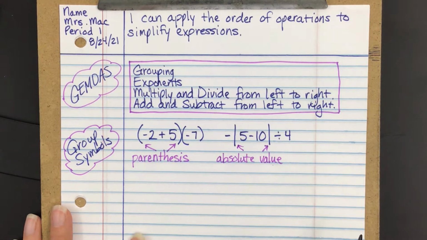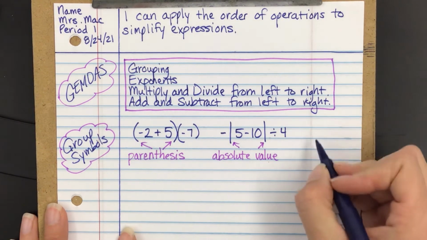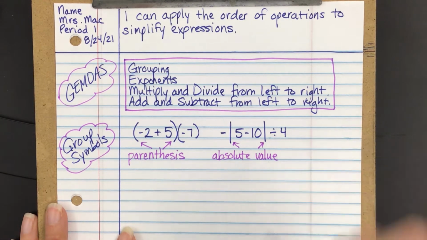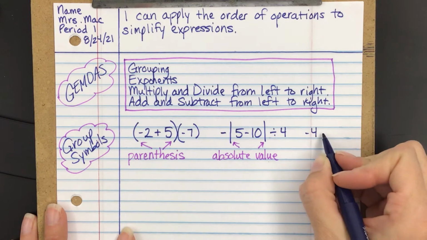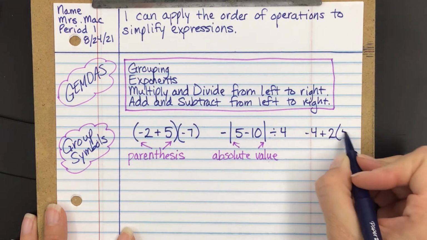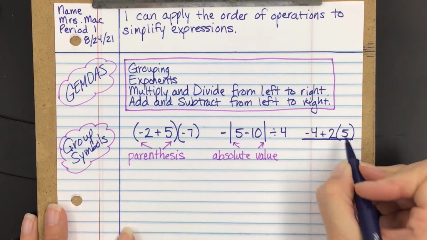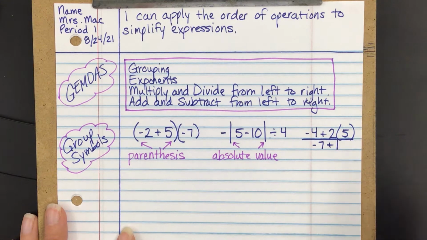And then another type of grouping symbol, which is a little less known, but we will be using it a ton this year, is the division or fraction bar. It can be considered grouping as well. Okay.